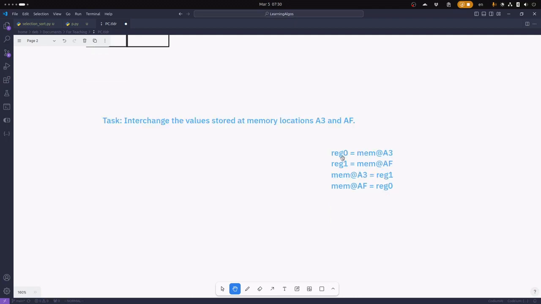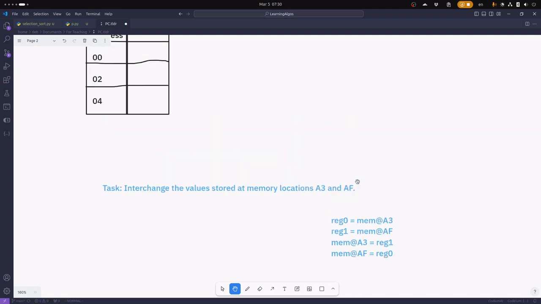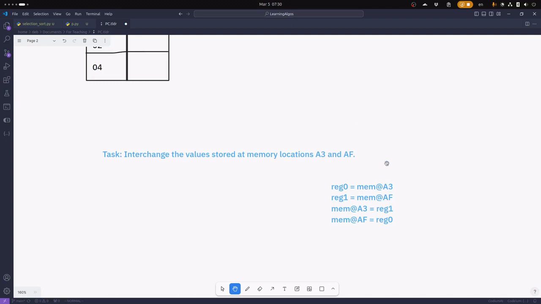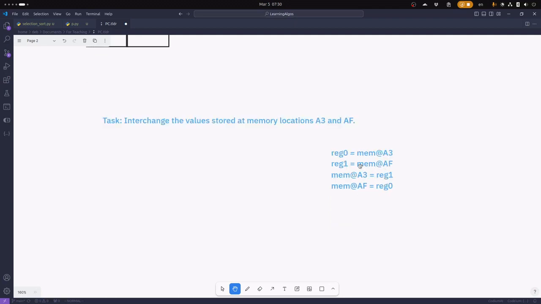Anyway, see. What we did: register 0 equals memory address A3. This is for us to understand what's going on, and then we will convert these instructions into machine instructions using the language we got in our book.